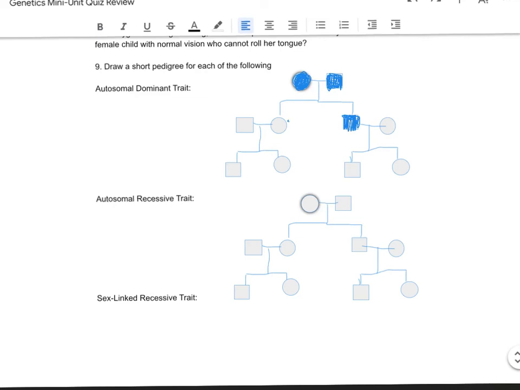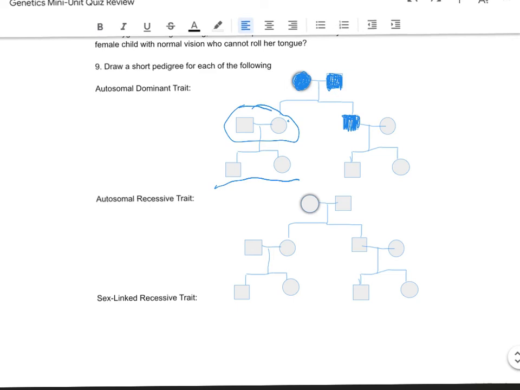Now, things you would be looking for in a dominant trait would be if you have 2 parents who do not have the trait, like these 2 individuals, it would be impossible for either of their children to have that trait. So we would not expect to see this one filled in, for example. That would not be indicative of a dominant autosomal trait.